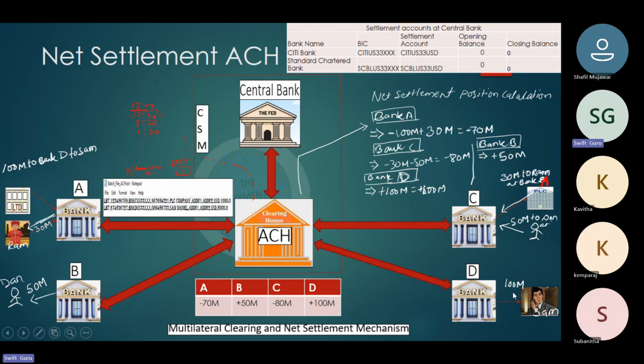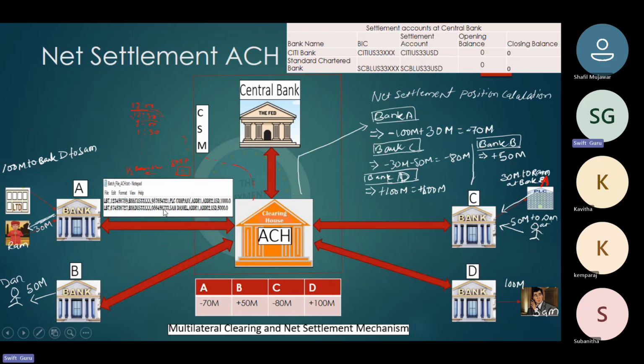Likewise, to D also they will send out all the transaction information to settle the beneficiary customers. Similarly to B. When they send out this communication by placing the file in the folder path for processing the payments of their incoming transaction instructions, they will then calculate the positions also.